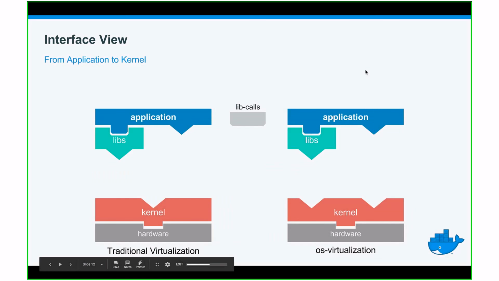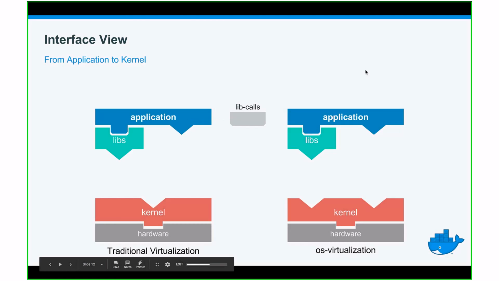And another view on this, and I think that's a rather interesting view, but I'm biased because I created it, is this from the application to the kernel, to the hardware. So if you have an application that is statically linked and statically compiled, you have syscalls directly to the kernel, so that would be this rectangular thing, or you use libraries such as libc to communicate with the kernel and reuse some code that someone else wrote.